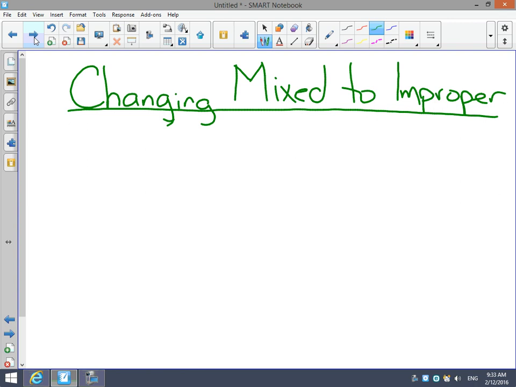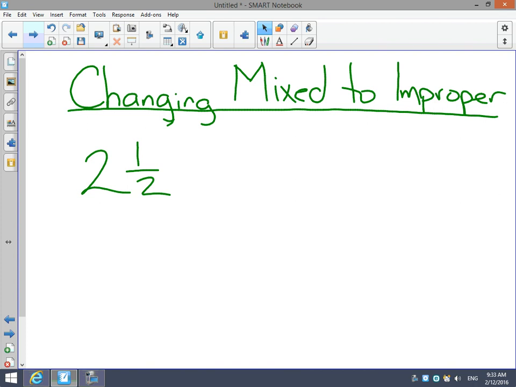Now, before we go on to how to add and subtract, and multiply and divide, we have to know how to change mixed to improper. Remember that mixed has a whole number and a proper fraction. And what we want to do is change this to an improper fraction, where the top number will be larger than the bottom. To do that, we multiply the denominator times the whole number, and we add the numerator.